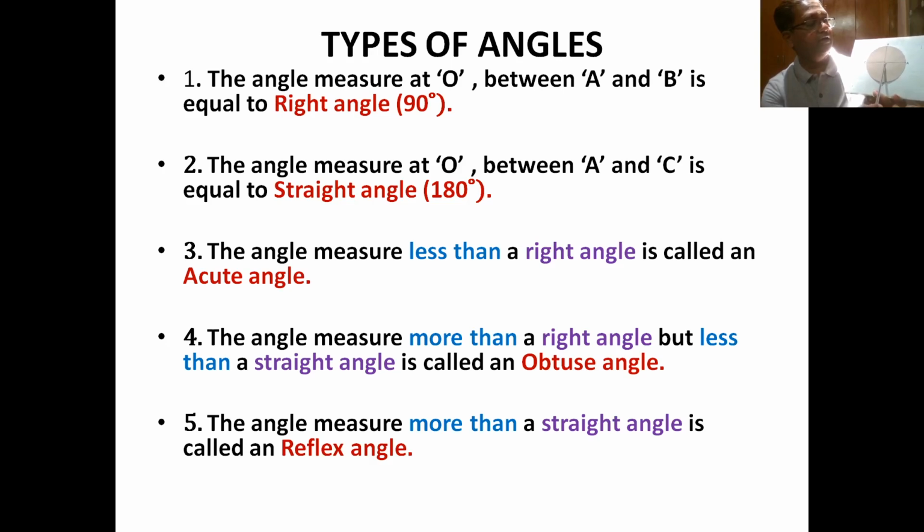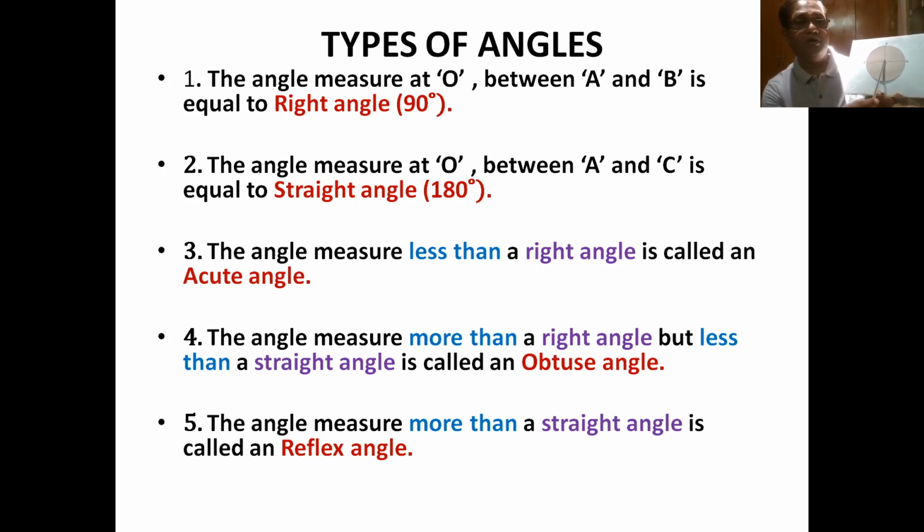You can see a ray OB standing on the line AC. Since it is a quadrant, we have divided it into 4 equal quadrants. The angle measure between AB at O is 90 degrees.